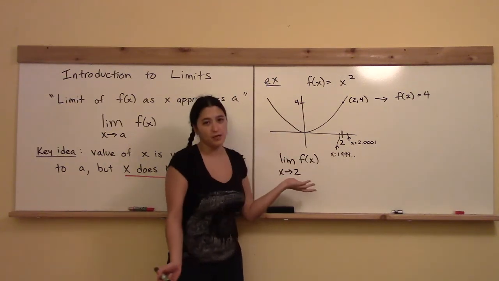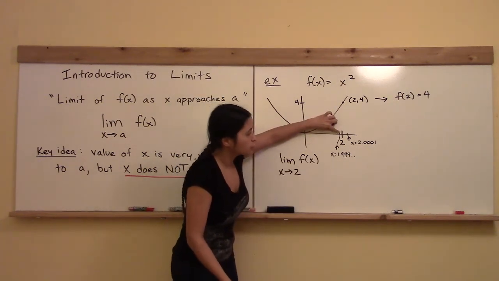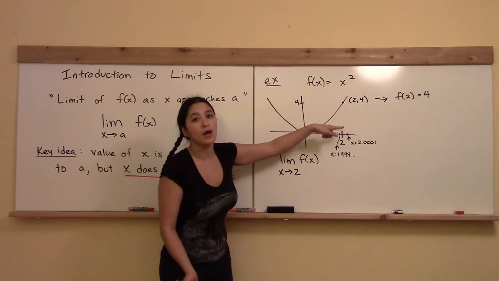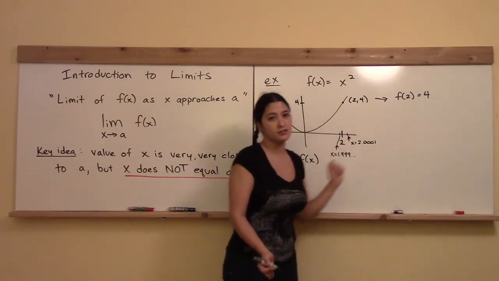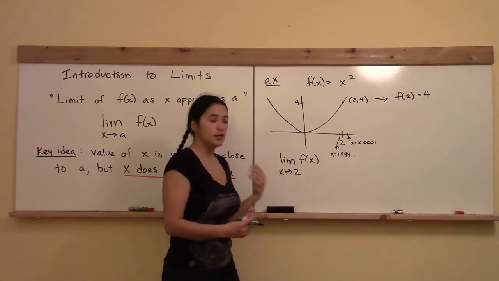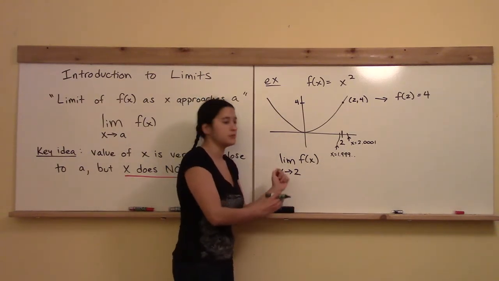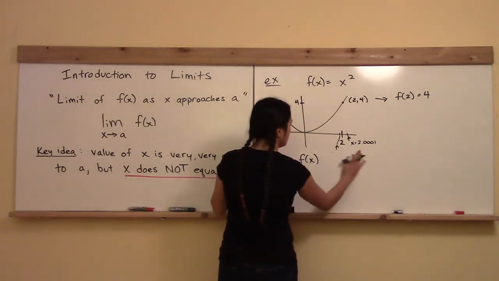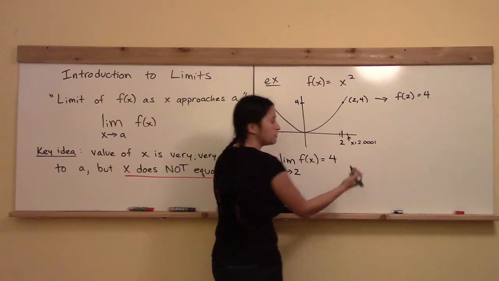Well, we'll get different numbers depending on what number we put in, but if we plug in numbers that are close to 2, we're going to get out a number that's very, very close to 4. That's the concept of a limit. It's like, what is your function doing as x sneaks up to this one specific point? So that means that the limit of f of x as x approaches 2 is going to be 4.